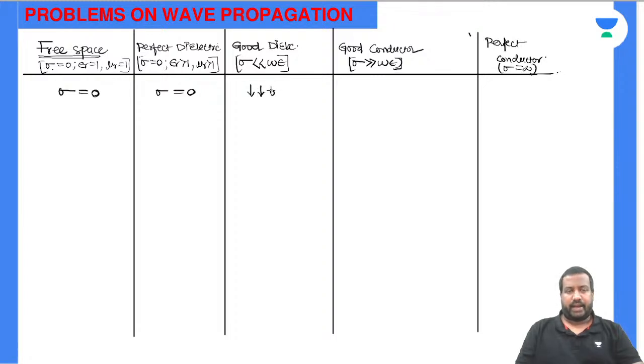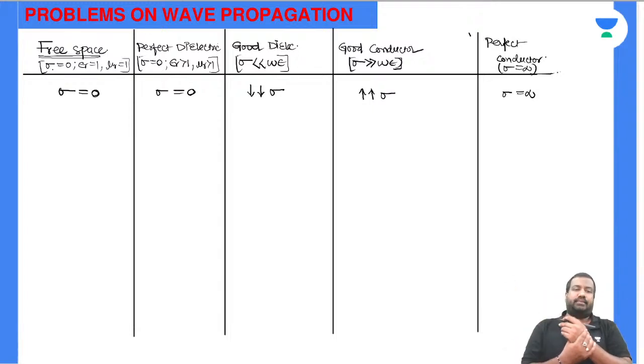For good dielectric, conductivity is a very small value. For good conductor, it is a larger value. For perfect conductor, it is infinity. So you can see the journey of conductivity here from 0 to infinity. In this way, we need to do the analysis.